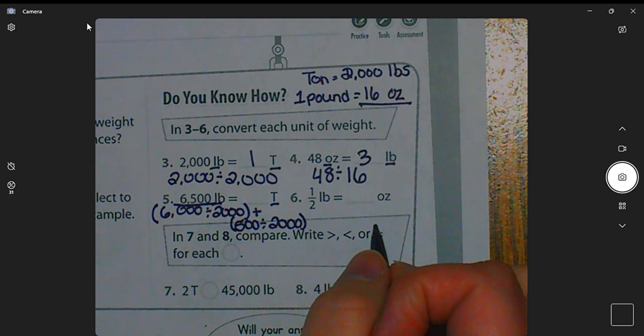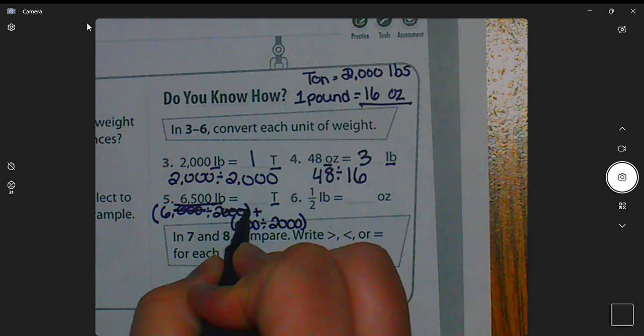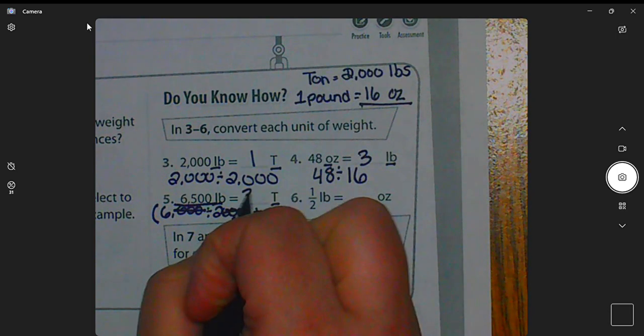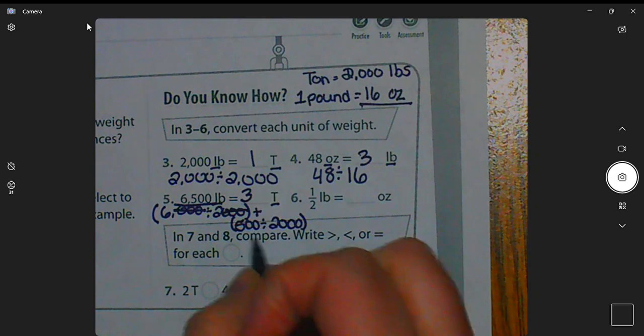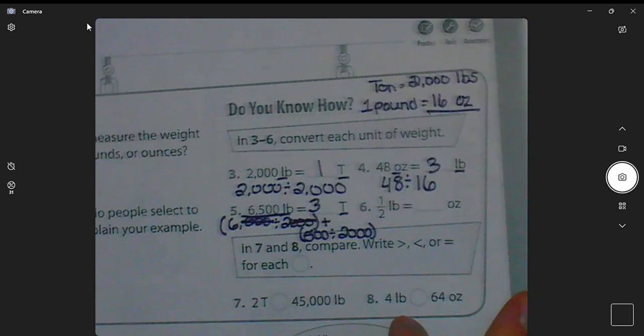So 6,000 divided by 2,000. I know that my thousands cancel each other out. So 6 divided by 2 is? Yes, it's 3. Now, 500 divided by 2,000. I'm going to work over here in my blank space.